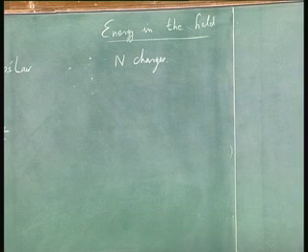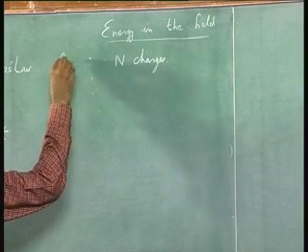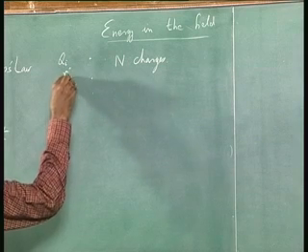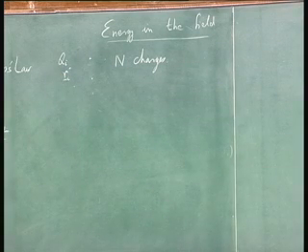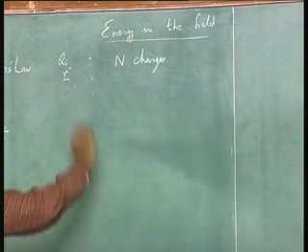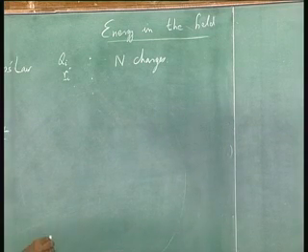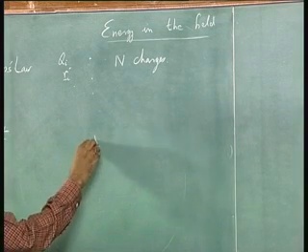Now the answer is like this. Let us say I have charges Qi at positions Ri. So how will I do it? First I will take, let us say that this is very far away, infinity. I will bring Q1 to point R1.